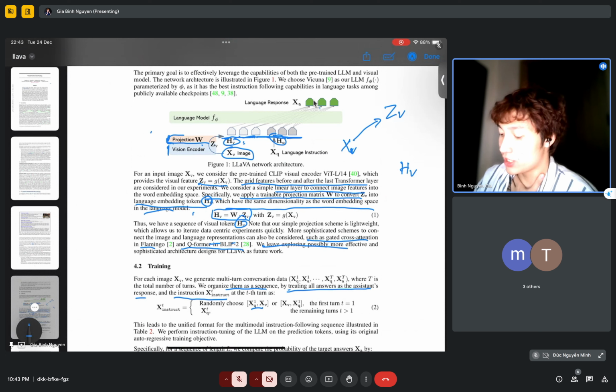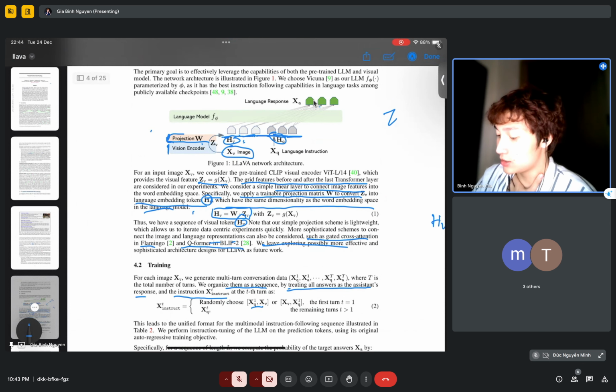The projection here, in linear algebra, is like a transform matrix to project the Z vector to the H space here.